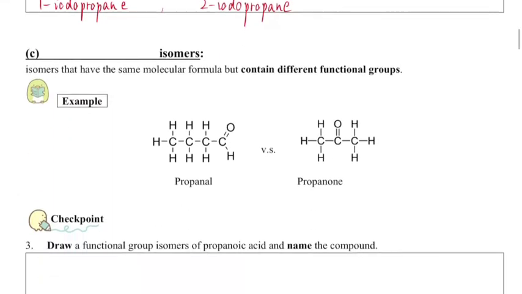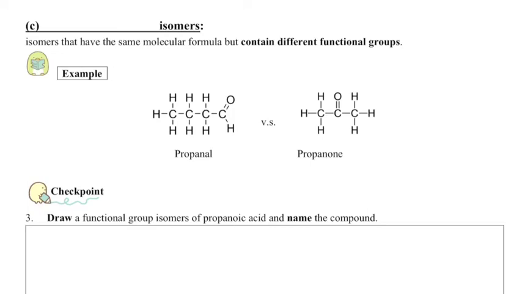And the third type we got was called a functional group isomer. For functional group isomers, they have the same molecular formula, but they contain different functional groups.